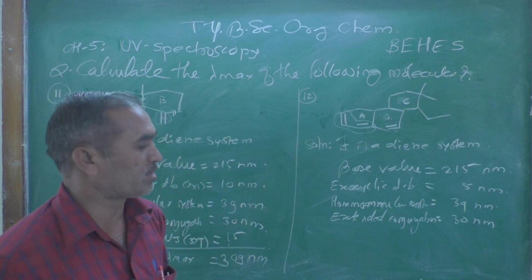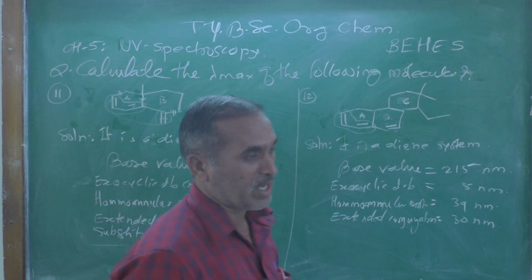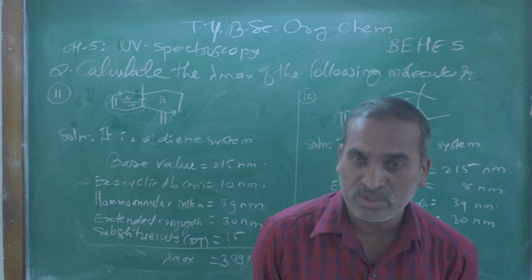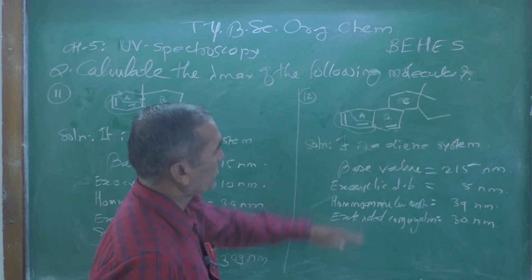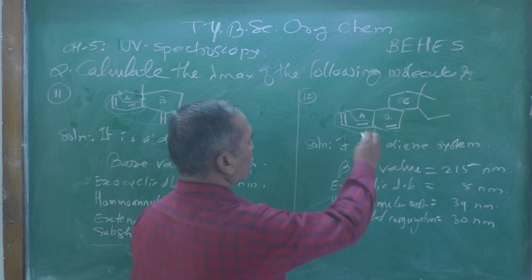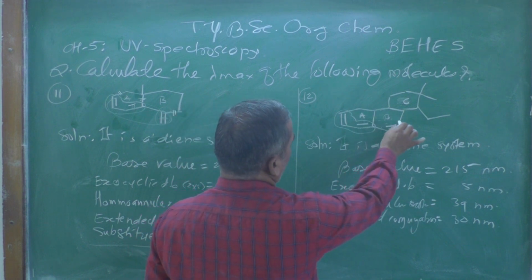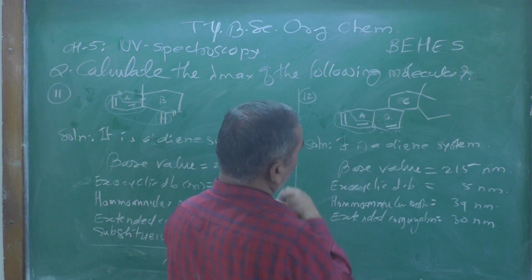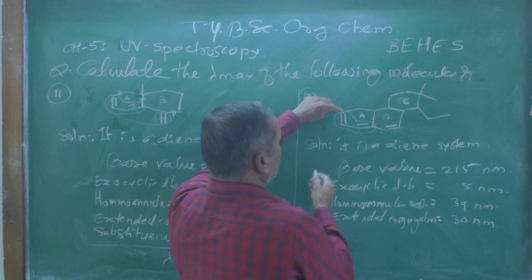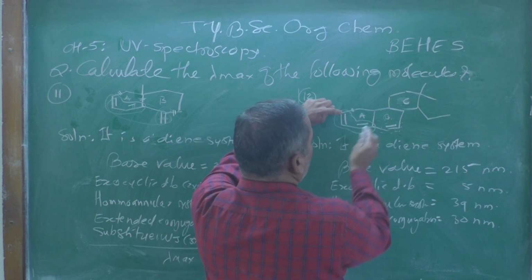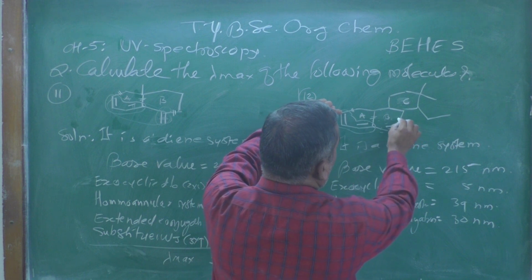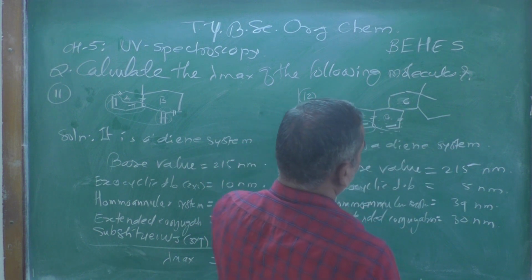And now look at the substituents, and as we know how to count the substituents present, here it is a system, right? You can extend this label or mark here, and outside that you have to count it. Look here, one substituent, second substituent, and here is a third substituent.